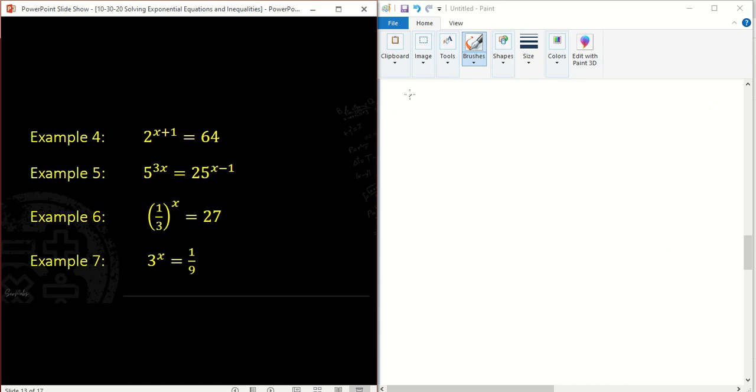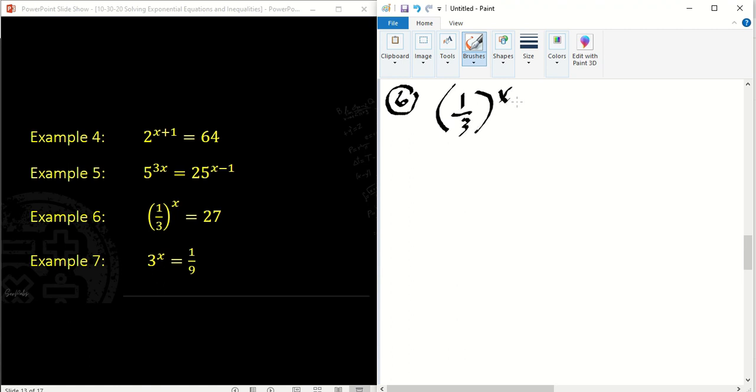So, we have 1 over 3 to the x power is equal to 27. Kailangan daw maging magkamukha na 1 over 3 eh. Kunin mo natin yung factor ng 27.